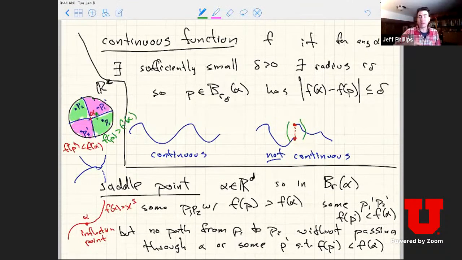And then I just keep going. Okay, it's fine, right? But maybe the minimum I wanted to find was going down towards P2 prime, and I went the wrong way, right? So part of the issue is that there are these different decision points, and you don't know which way to go, and that's kind of one of the big challenges if you have a saddle point.